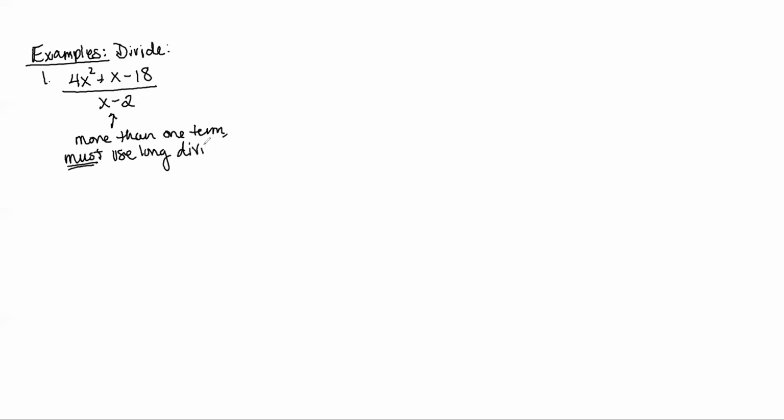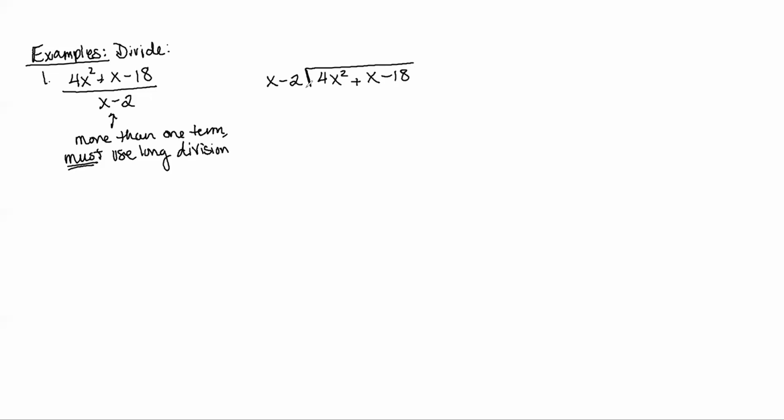So it doesn't matter how many are on top, as long as you have 2 or more on the bottom, we're using long division. So x minus 2 goes on the outside, and then on the inside, we're taking 4x squared plus x minus 18, dividing it by that x minus 2.